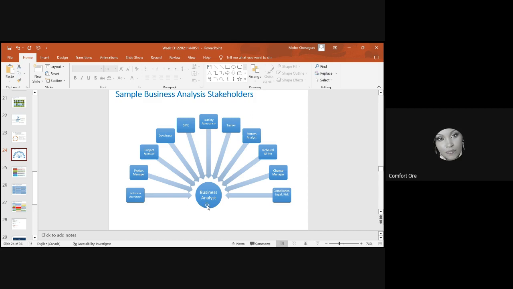Let me mention here that it's also a great skill if a business analyst can upskill and perform beyond being a business analyst. You could be a technical writer at one point, a change manager at another point, and you could be working as a product owner as well.